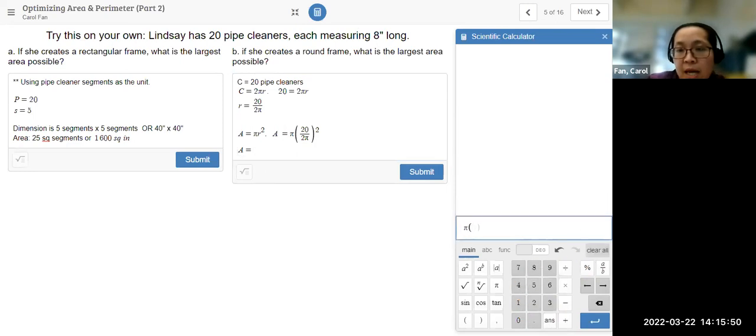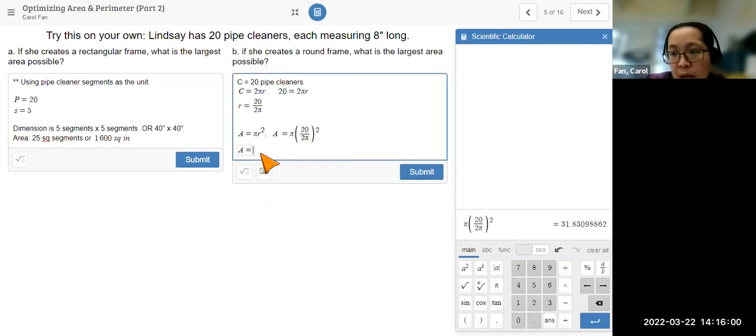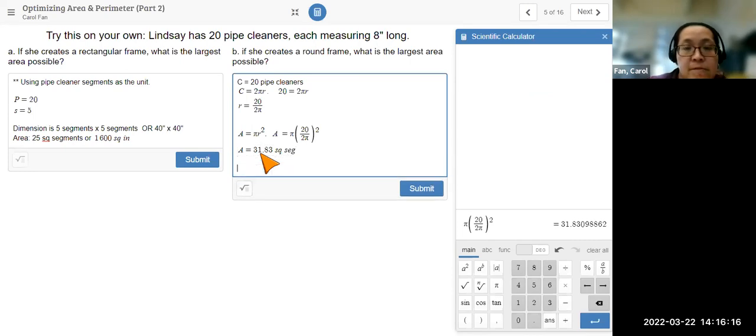We have pi times 20 divided by 2 pi, all to the power of 2. And the area is 31.83 segments, square segments. Okay, that's one way to look at it.